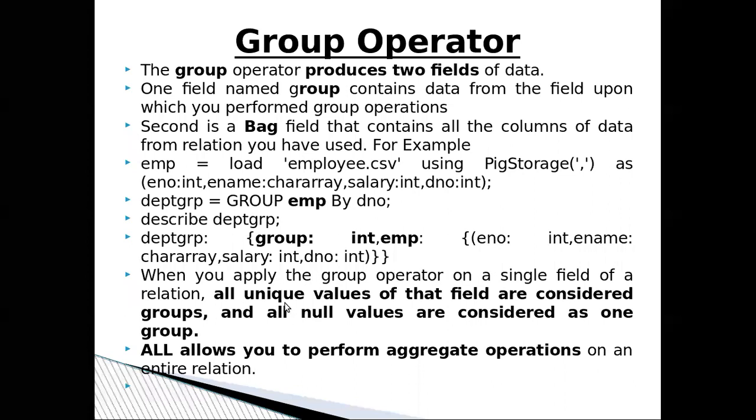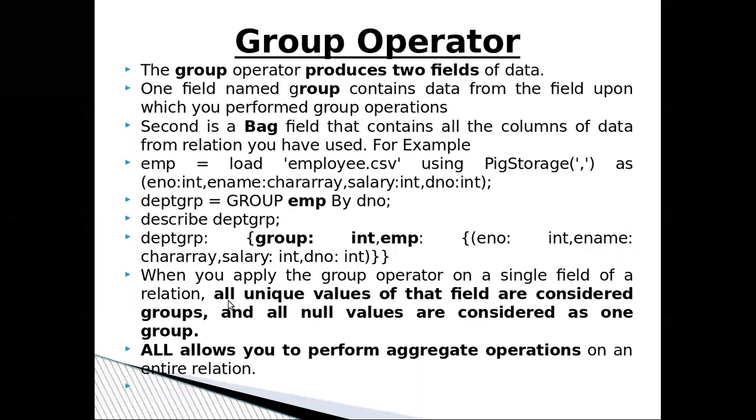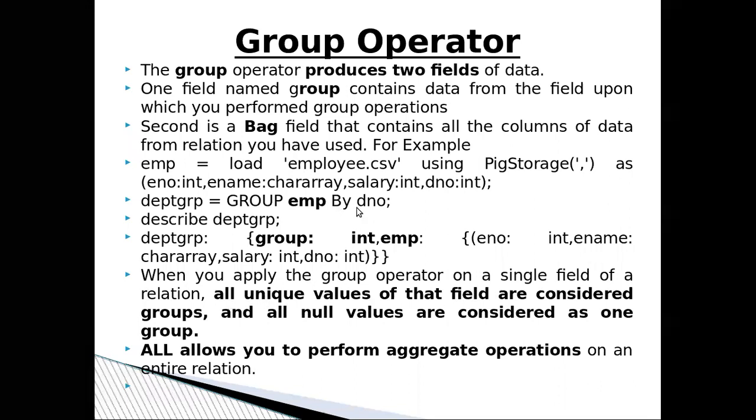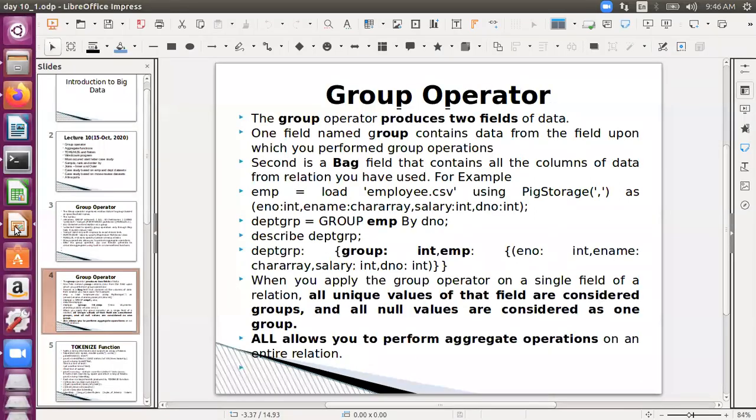And when you are doing grouping, an important point, that's why I've highlighted it: all unique values of that field are considered groups. We are grouping on DNO, like we are doing in our example. So let's go back to our terminal.